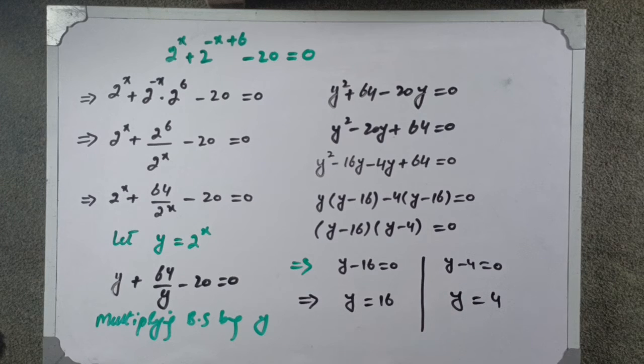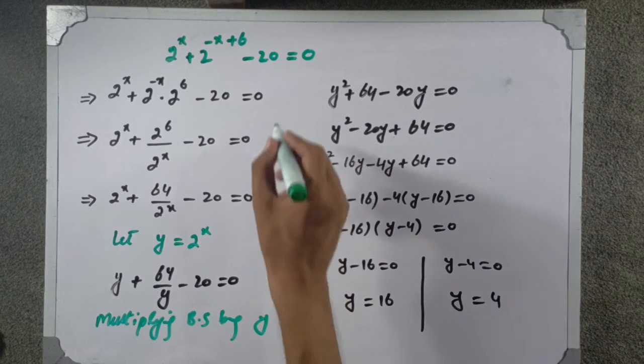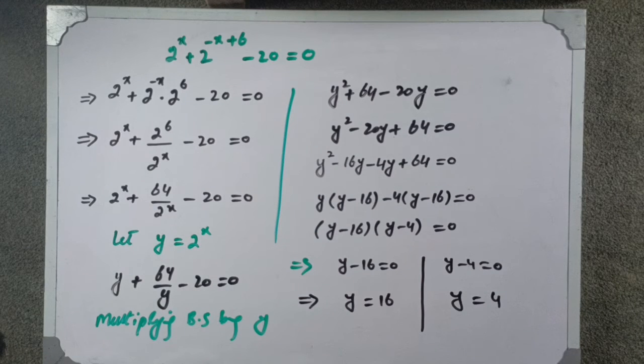So these are the two possibilities. Now we have to find out the value of x, not the value of y. So what we are going to do is back substitution.